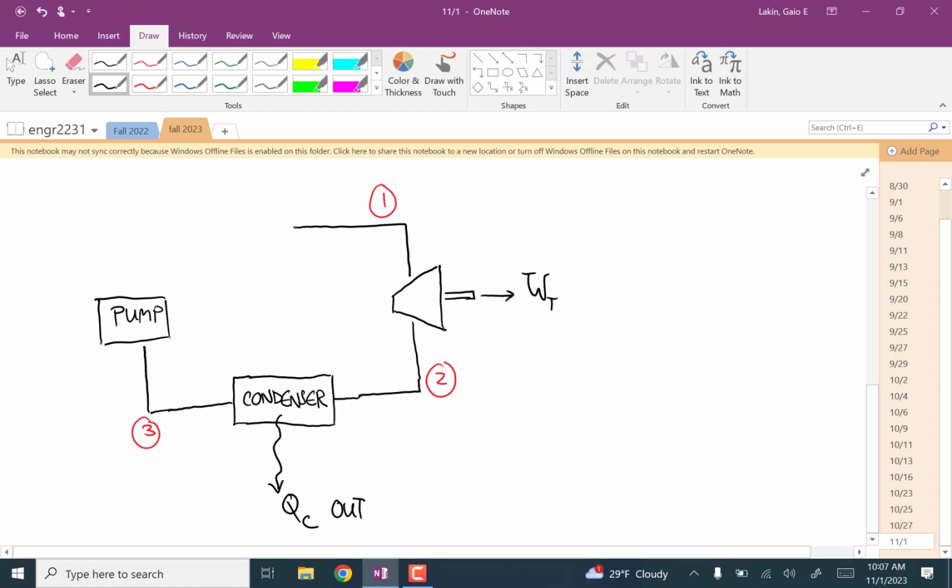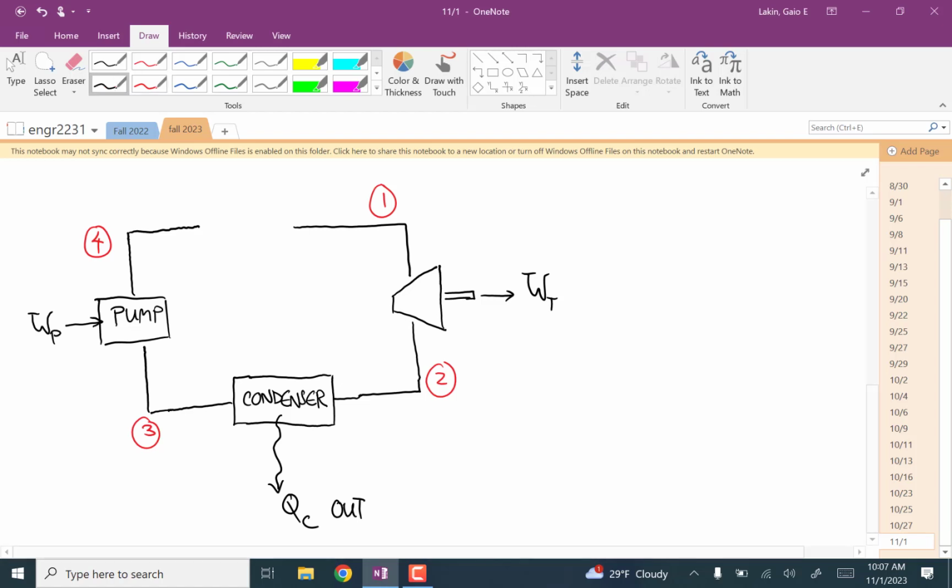And for the pump, you need work to be done on the fluid. So the work done on the fluid is W sub P. It comes out of the pump at state 4.